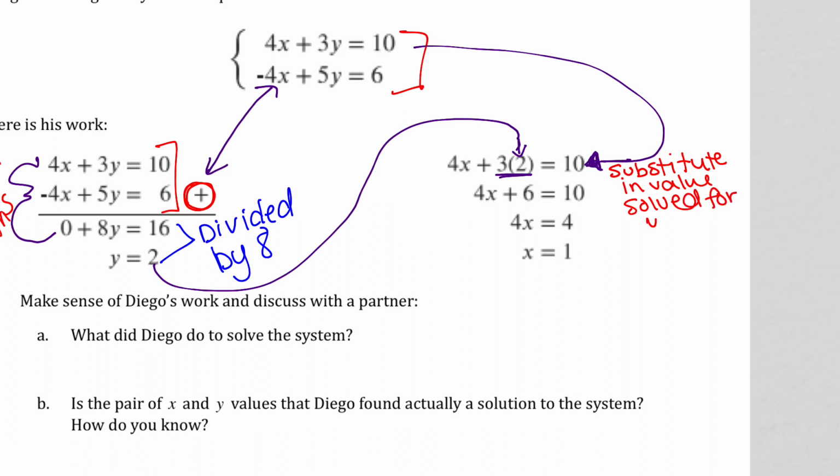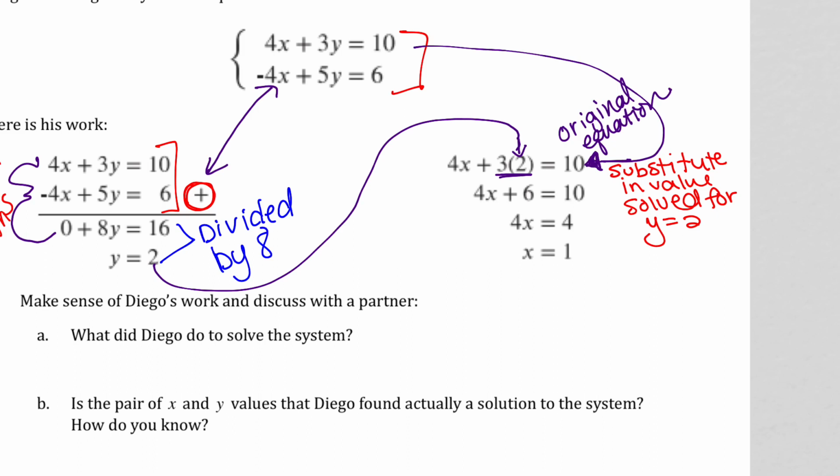In this case, it was y equals 2. And he used one of the original equations. Okay, doesn't matter which one. He just chose to do the top one, so we're going to look at that.